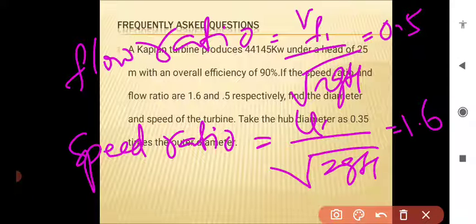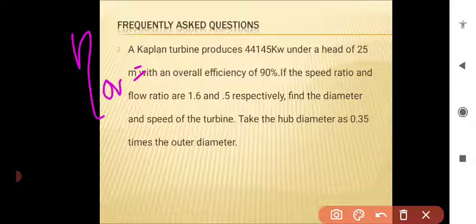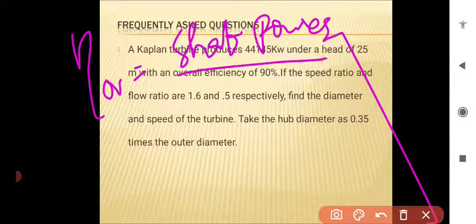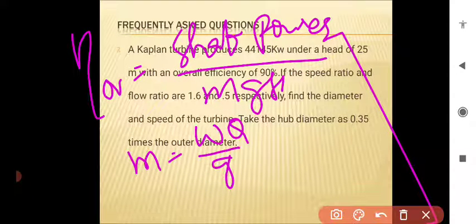First calculate these two, and next the overall efficiency is equal to shaft power by mgh. From this equation you will get the m value. m is equal to wQ by g. From this equation you will get the Q value.